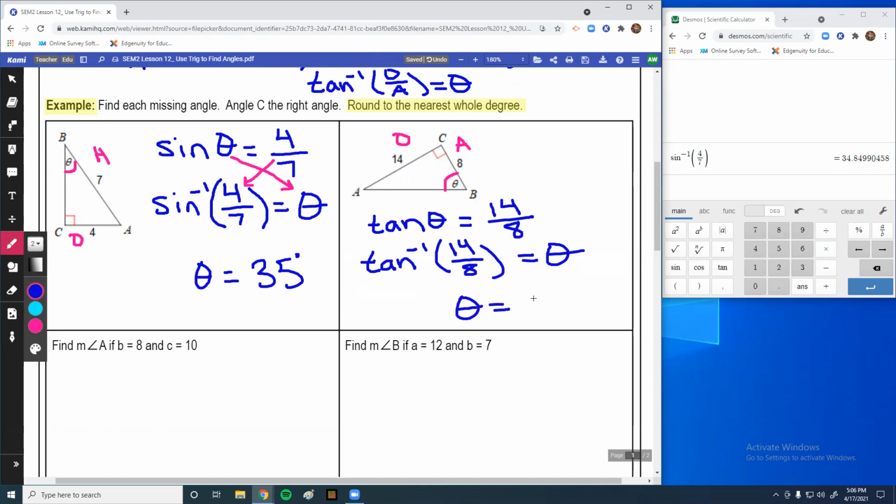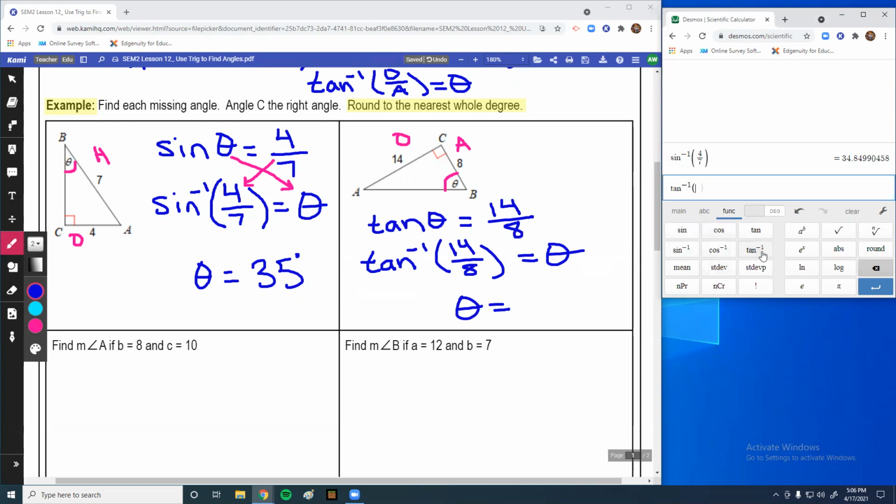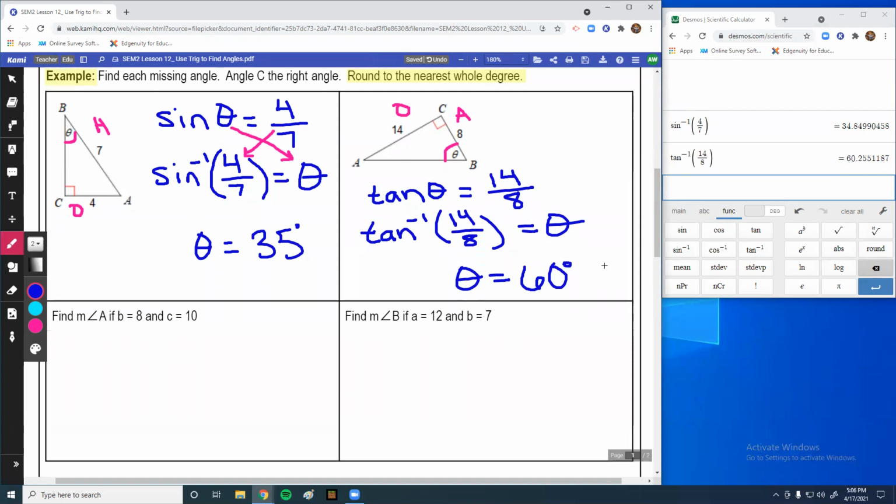And now it is calculator work. So function, tangent inverse of 14/8. Enter. There we go. And we get 60.2, but we round to 60 degrees. Some students actually find finding the angle easier than finding a side.